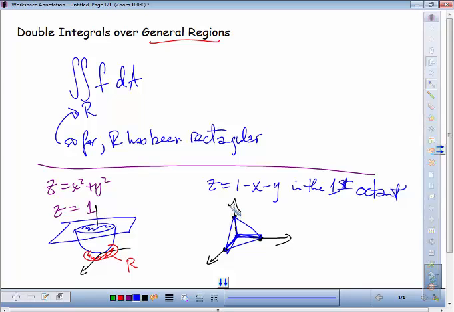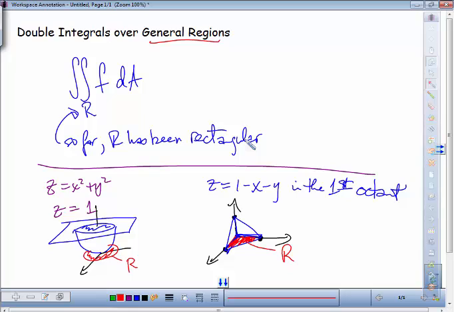And again, when we're looking for the region R in this particular scenario, the region R is usually the shadow of this volume on the xy plane. On the xy plane, the shadow of this volume looks like a triangular region, which is not the rectangular region that we've been dealing with.